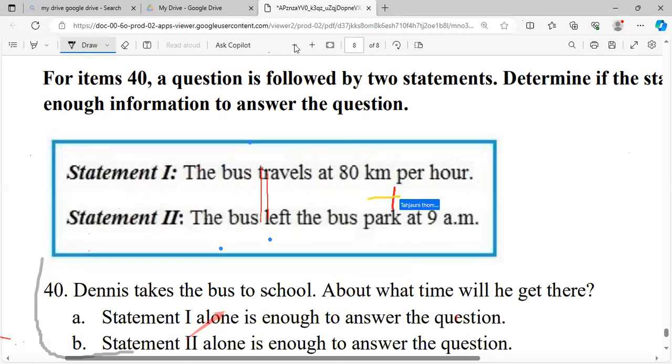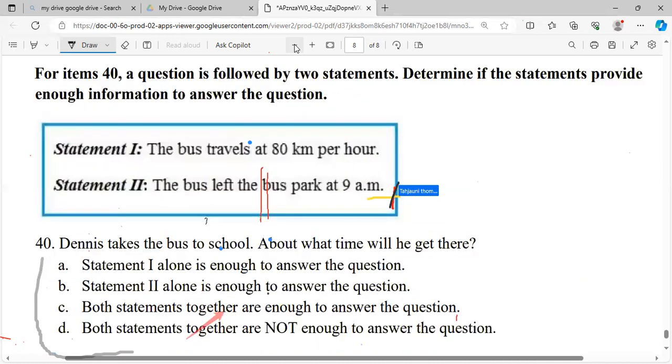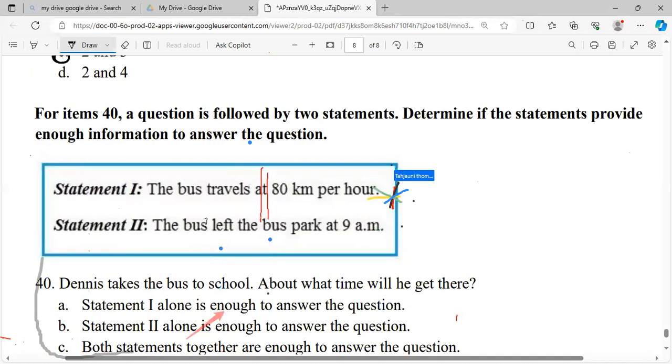Hold on, guys. For item 40, a question is followed by 2 statements. Determine if the statements provide enough information to answer the question. All right, let's go.